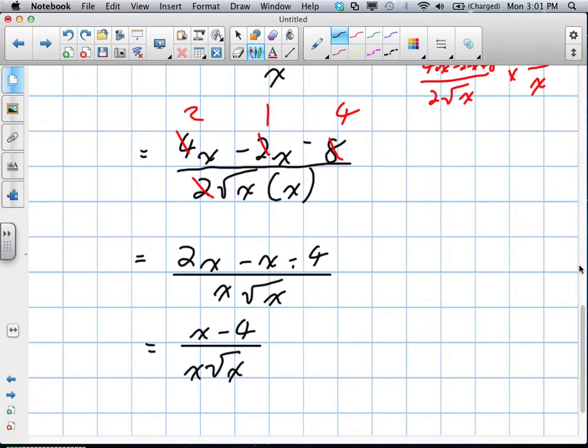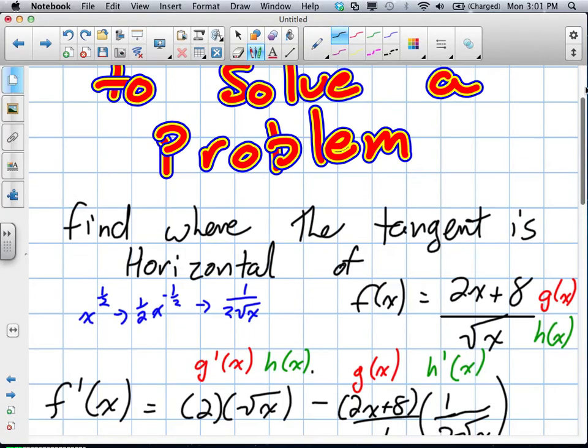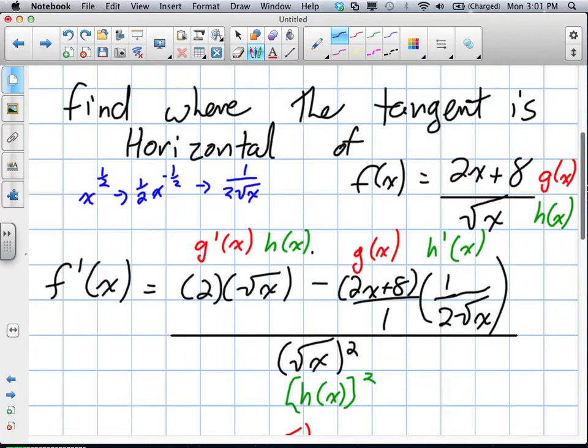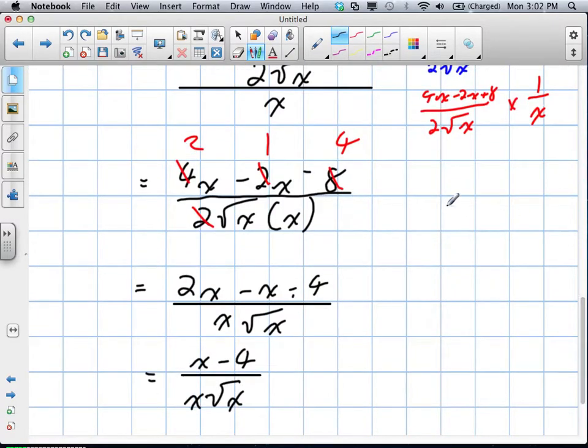Now, what did they want in this question? Find where the tangent is horizontal. In other words, we're looking for the rate of change being 0. So we take our derivative and set it equal to 0. When will this be equal to 0? We don't want the bottom of the equation to be equal to 0, so we just take the top: 0 equals x minus 4.